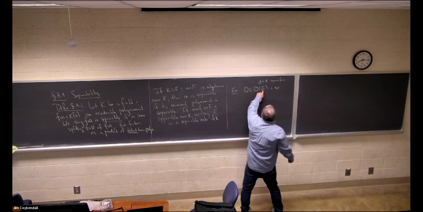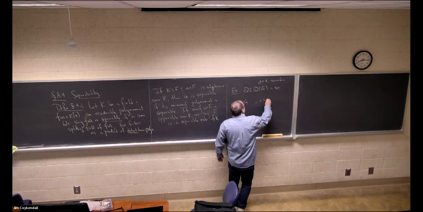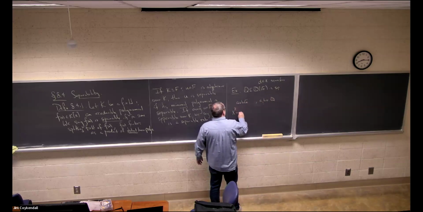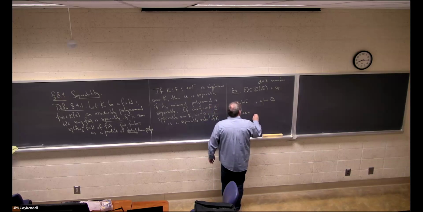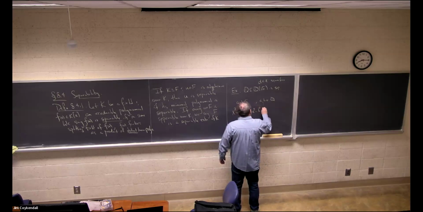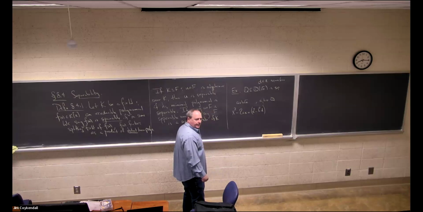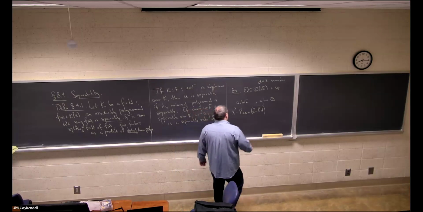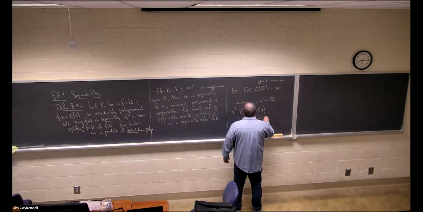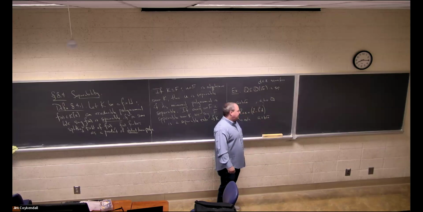For example, if you have an arbitrary a plus b radical D, where a and b are in Q, its minimal polynomial over Q is x squared minus 2a x plus a squared minus b squared D. And the two roots of this are a plus or minus b radical D. And notice that these are distinct.